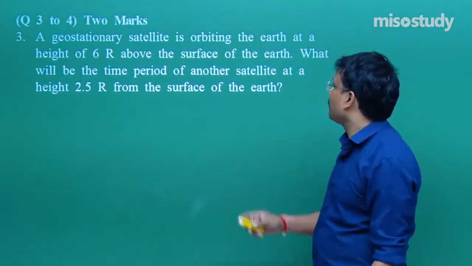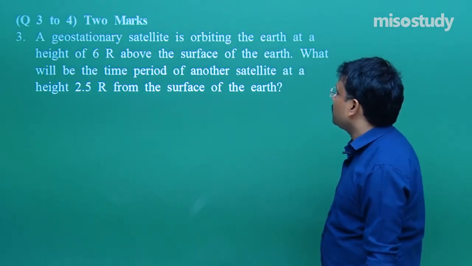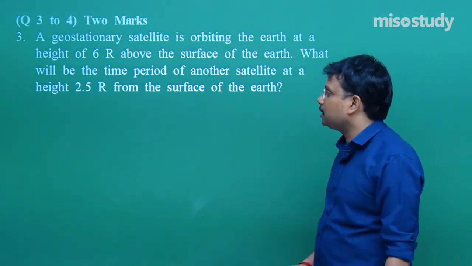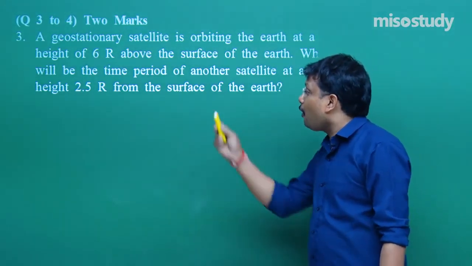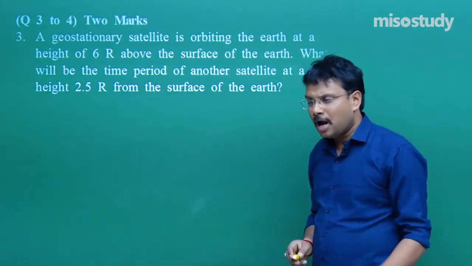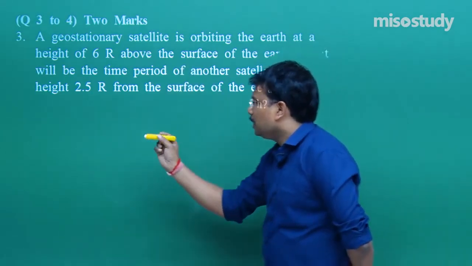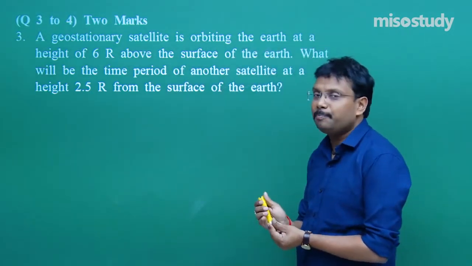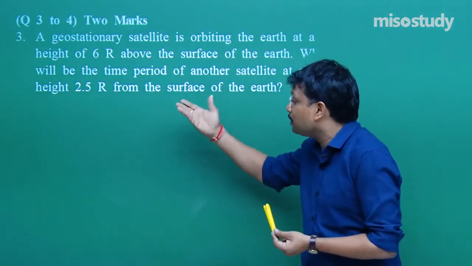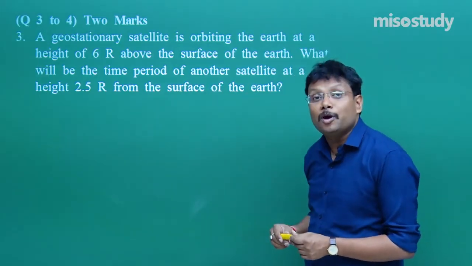Be careful. What will be the time period of another satellite at a height 2.5r from the surface of the earth? Now one thing is crystal clear just by reading the problem, that they themselves are telling which formula you have to use.